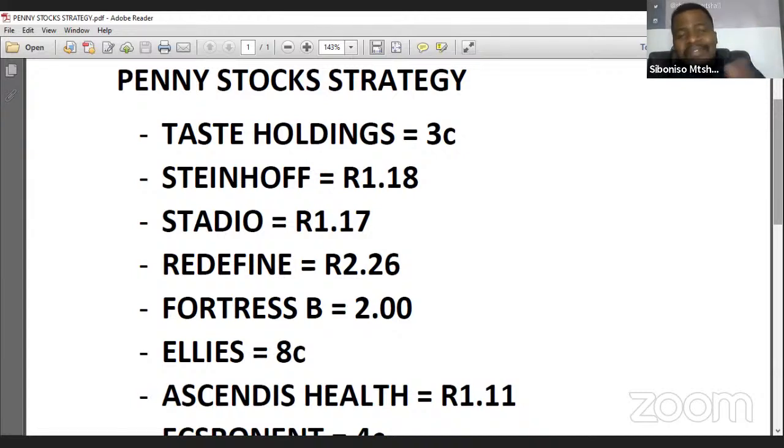And the prices of these shares were like Stadio was 117. I don't know how much the price is today. Stadio is that company, Stadio Education, a multi-university company. It's more like a private universities company, like the likes of Mill Park.